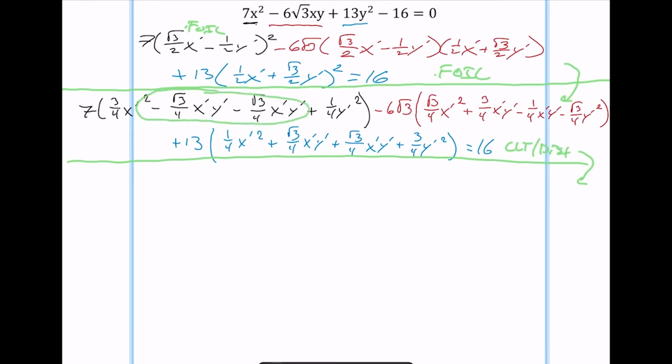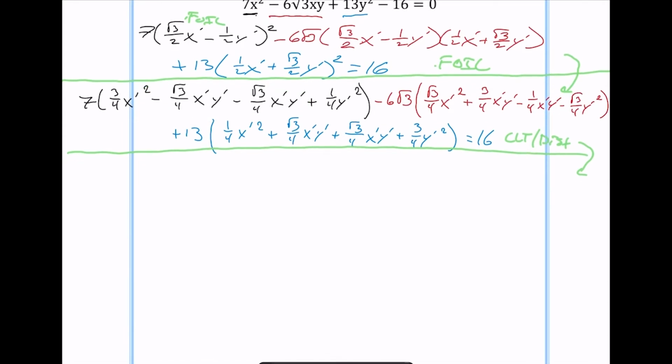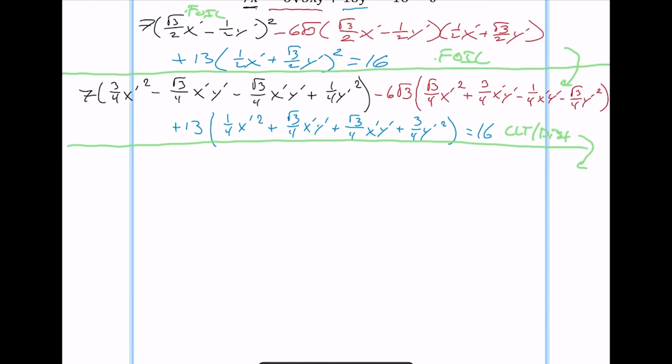I'm going to distribute the 7 and the negative 6 root 3 and the positive 13. You keep an eye on me and make sure that I do this correctly. And if you think that I make a mistake, just holler. So let me talk through this so that you'll know to yell if I make a mistake.